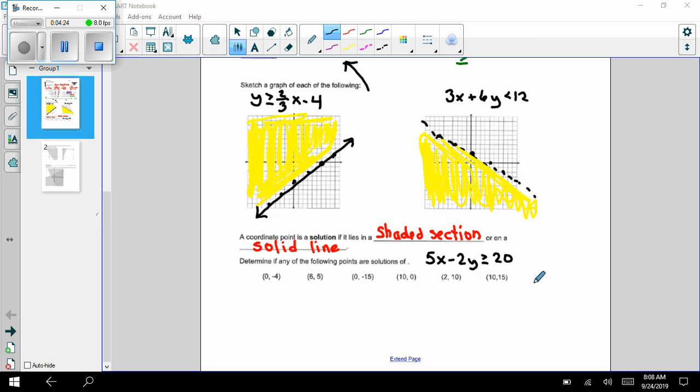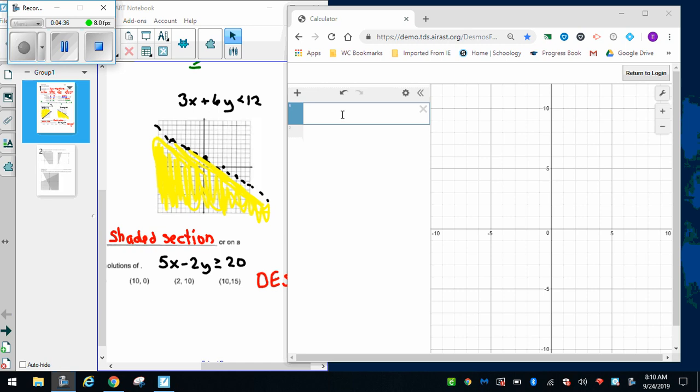Before we get started, I need to make sure that you have opened up Desmos on your computer. So do that now if you haven't already. Once you've opened Desmos up, and if you can split screen your Desmos and these notes, that would be great. You're going to type in exactly what the equation is in this first box.